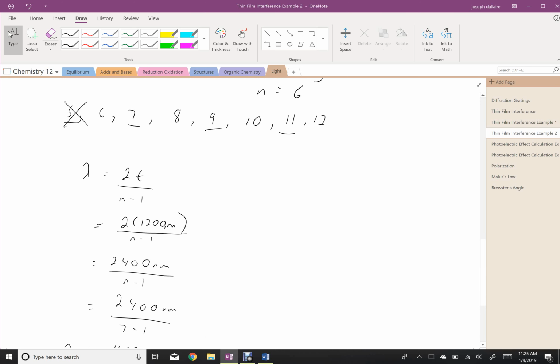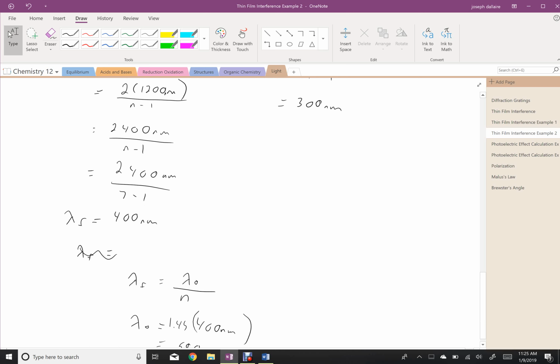Let's do 9. Lambda equals 2400 nanometers divided by 9 minus 1. So 2400 divided by 8 is 300 nanometers. And again, I have to take that out of the film.